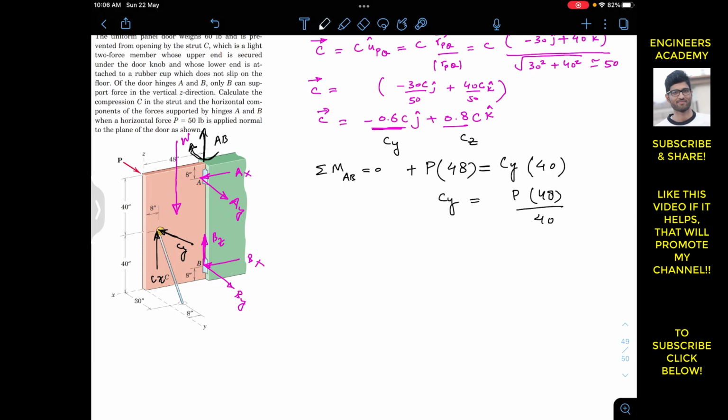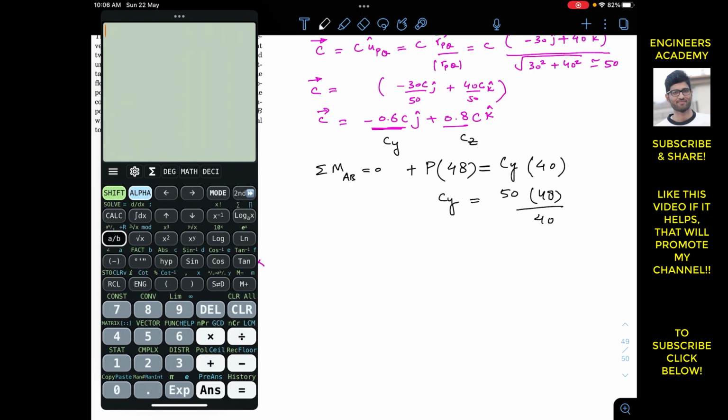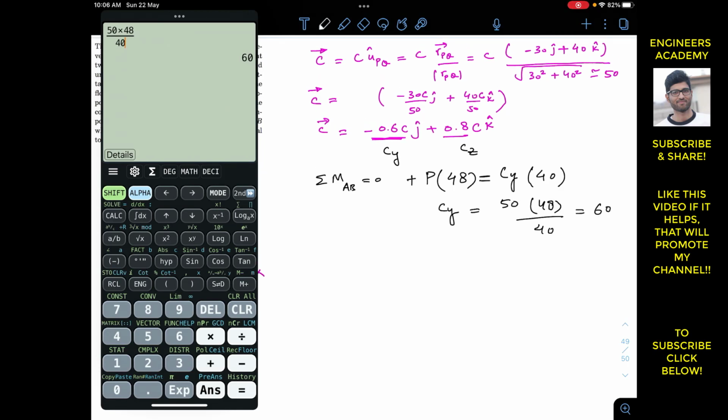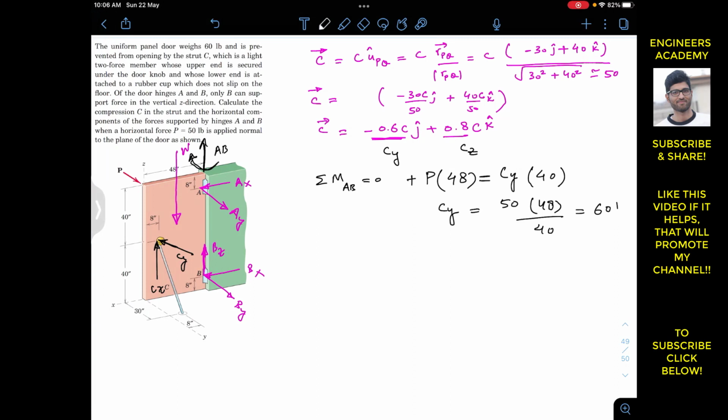So replacing P by 50, this is 50 into 48 divided by 40, which gives us 60. So CY is equal to 60 pounds.